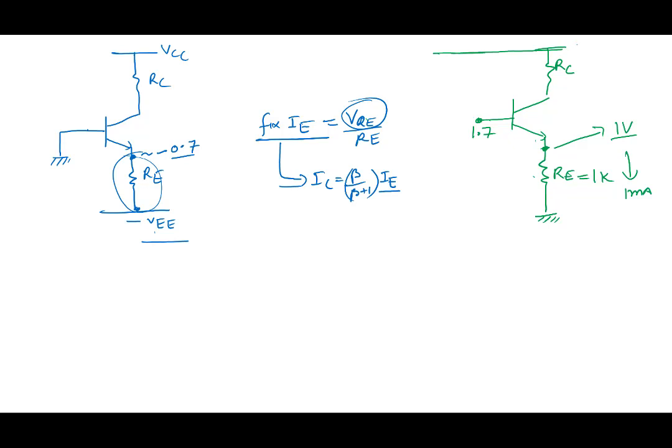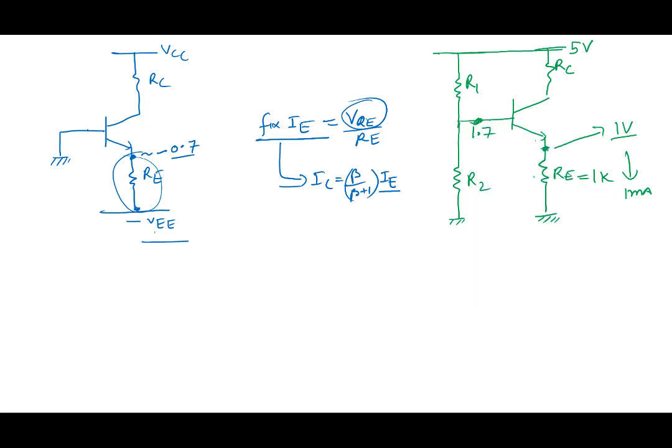Now if this is, let's say, 5 volt, what I do is I create a voltage divider here. The idea of this voltage divider R1 and R2 is to create 1.7 volt here. That's the purpose. So create a voltage divider to create 1.7 here.